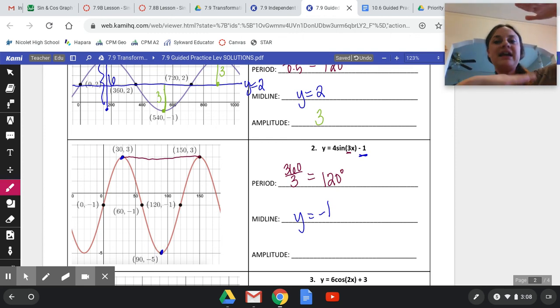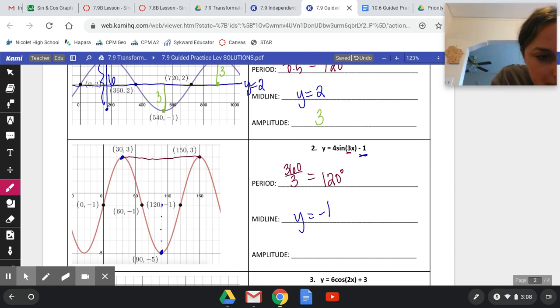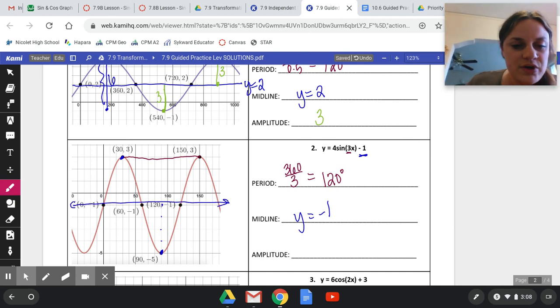Between 3 and -5, there are 8 units, so halfway would be 4. If I start at -5 and go up 4 units, that gives me my midline, which is at -1.